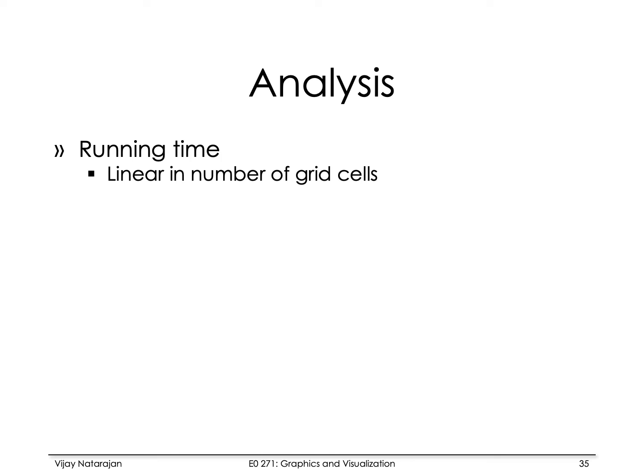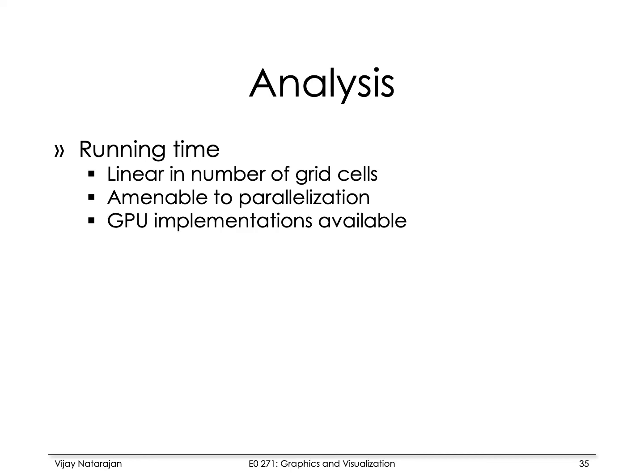Often the number of grid cells that contain the isosurface is much smaller than the total number of grid cells. So this is not necessarily a good algorithm in terms of running time. However, the algorithm is amenable to parallelization. So this is one reason why it is competitive in practice. In fact, there are GPU implementations also available.